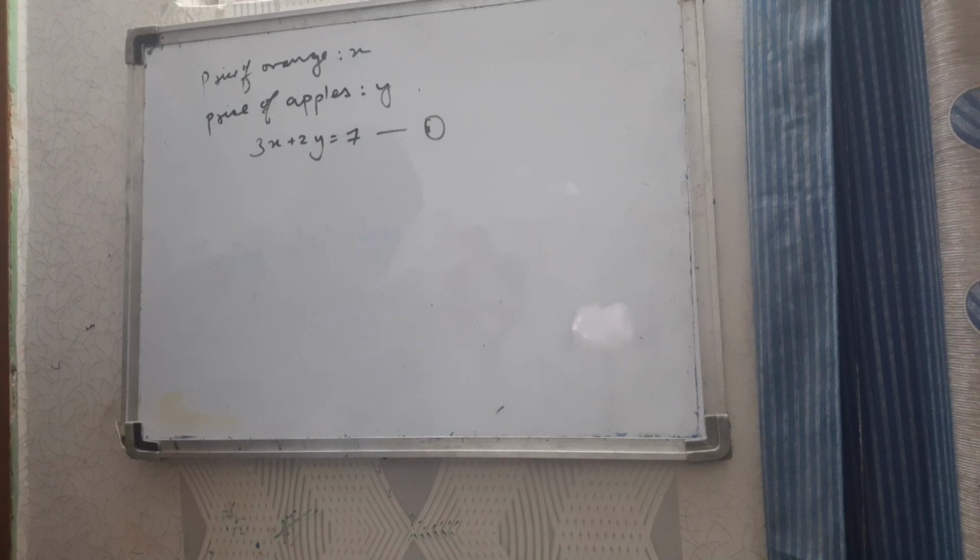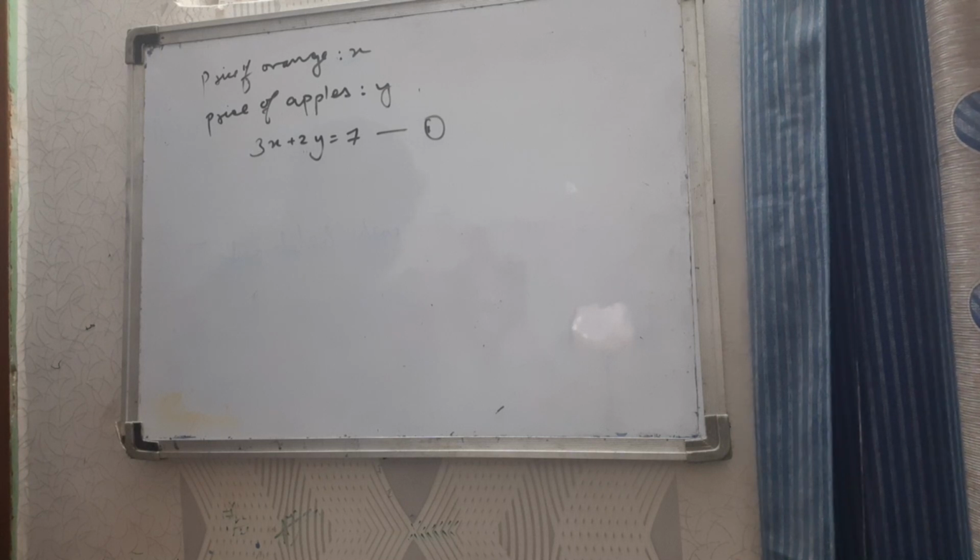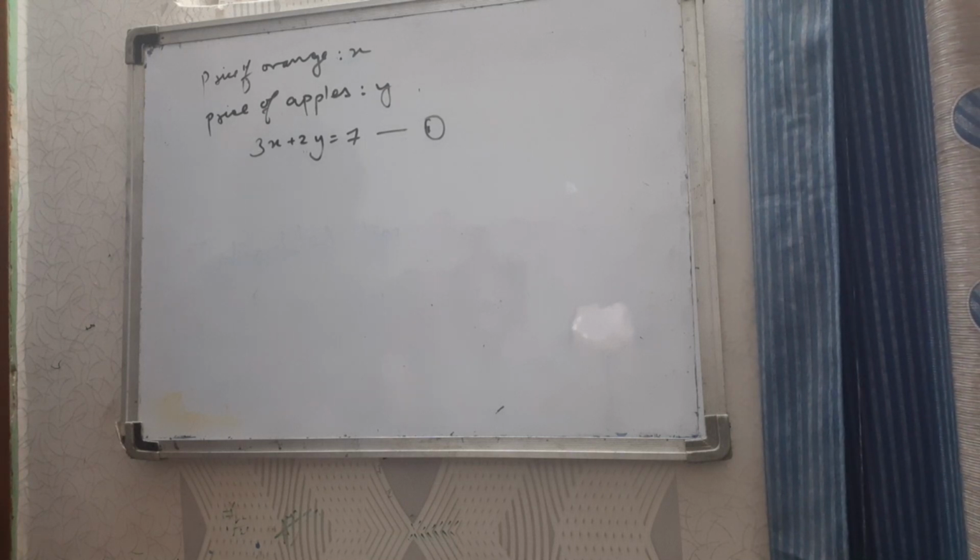And statement 2 is given as: the price of an orange and the price of an apple are both integers. So we have to calculate the price of orange and price of apple. The options given are: statement 1 alone is sufficient, but statement 2 alone is not sufficient to answer the question. Statement 2 alone is sufficient, but statement 1 alone is not sufficient.